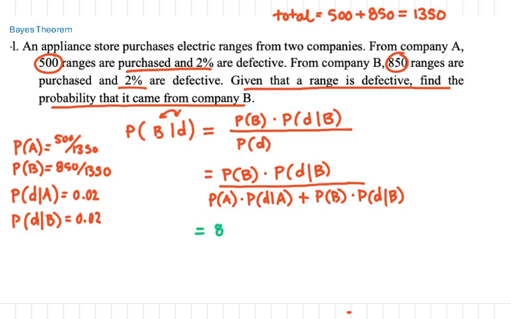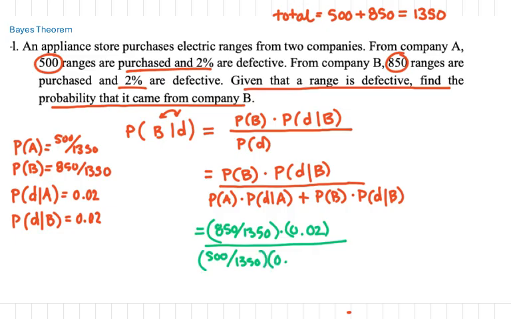So we'll say 850 over 1350 times 0.02 is the top. And then the bottom will have 500 over 1350 times 0.02, the probability it's defective and came from A. Probability it came from B is 850 over 1350, and the probability it's defective and came from B is 0.02 in this case.